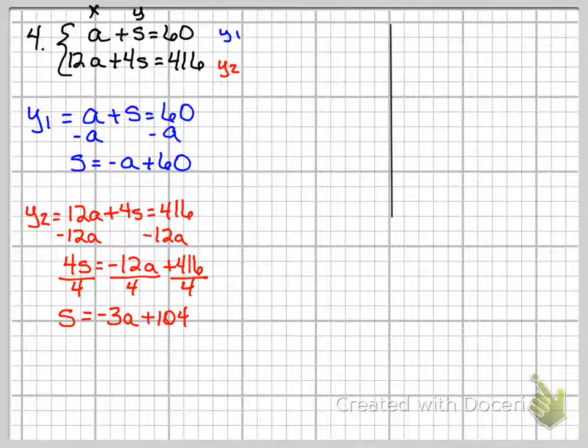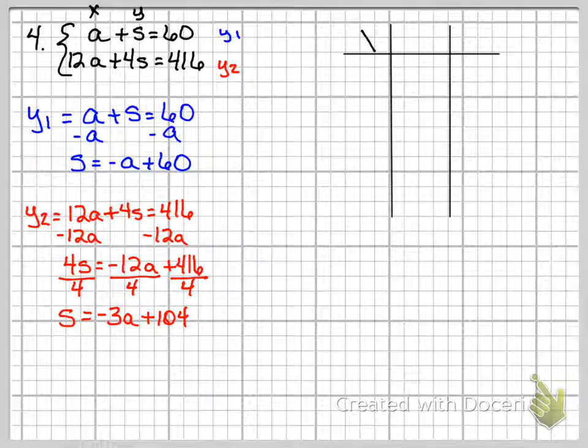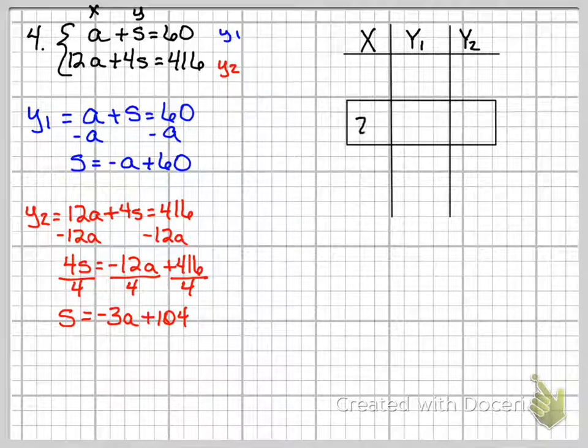Okay, now, I can't graph this without it being a huge graph, so we're just going to solve this with a table. We have X, Y1, and Y2.